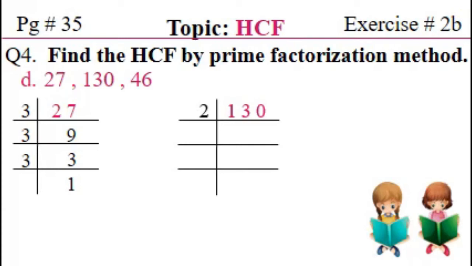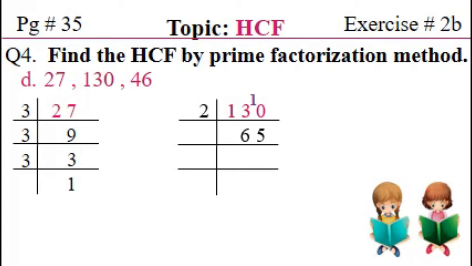So it becomes 13. 2 times 6 is 12. 1 left. So that 1 and the 0 together become 10. So 2 times 5 is 10. Now 65.